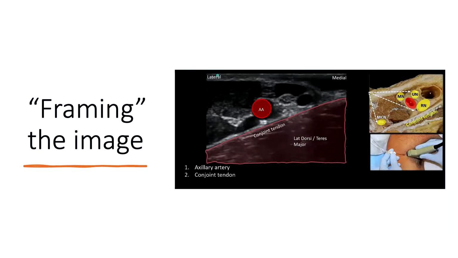It will provide a floor to the image, because now the image that always had lateral, medial, and superior wall, now it will have an inferior wall, which is the upper edge of the conjoint tendon.